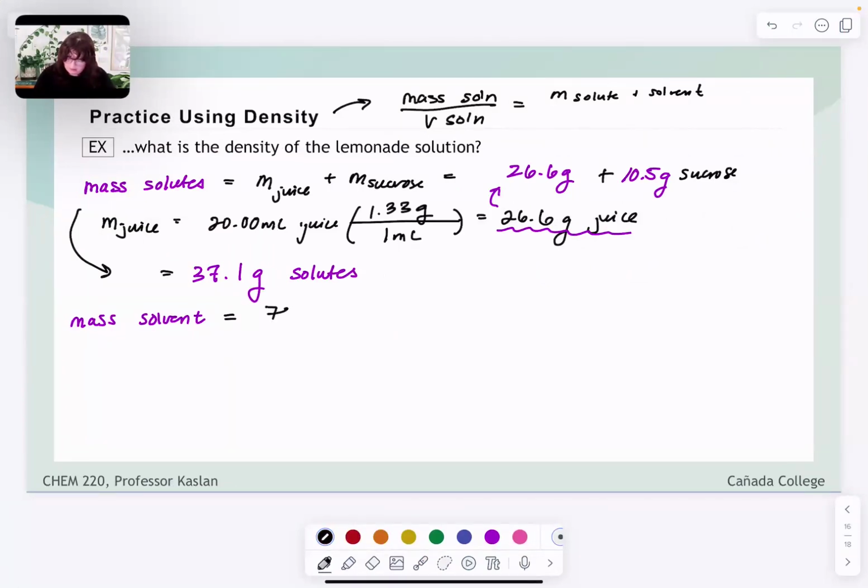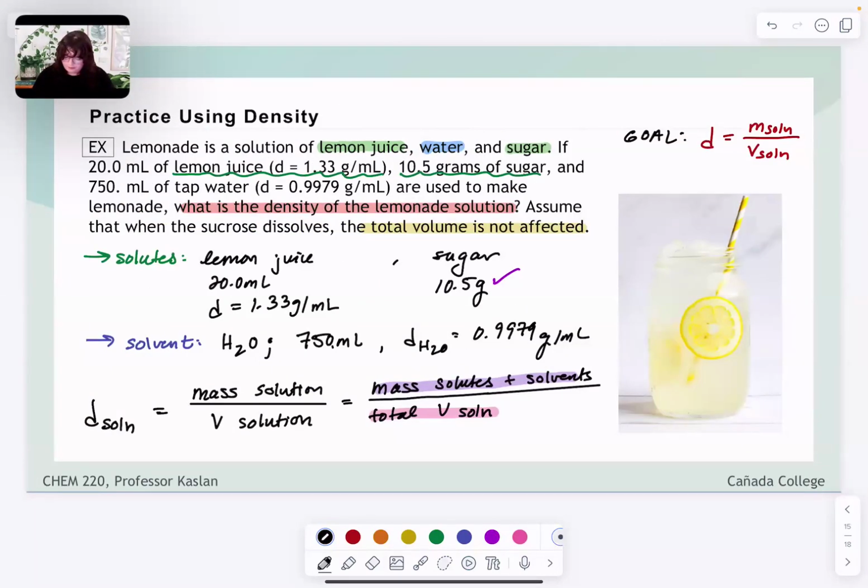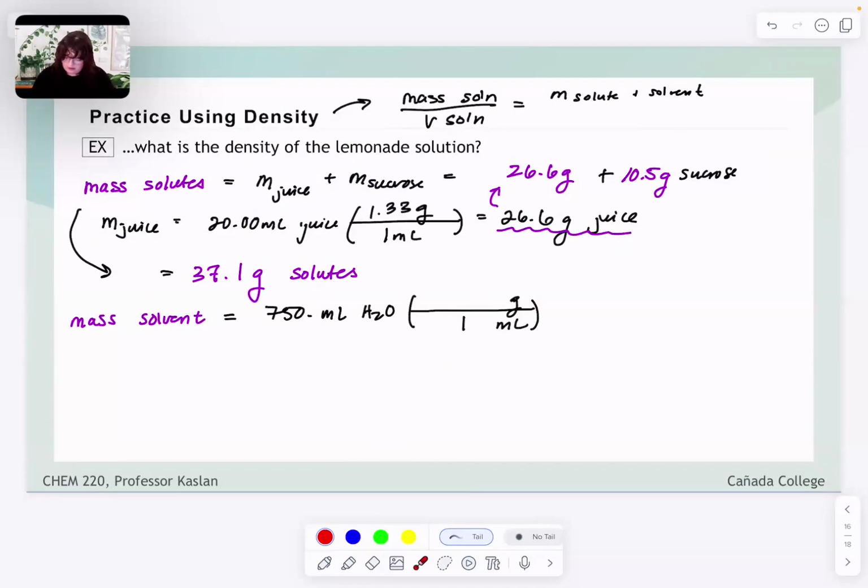So this is our 750.0 milliliters of H2O. We want grams and we would like to cancel out milliliters. So 1 milliliter of tap water weighs 0.9979 grams.